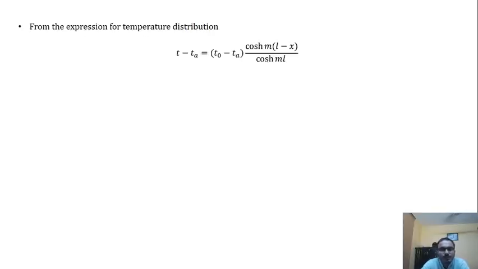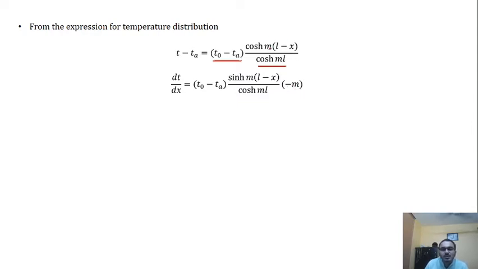First of all, from the temperature distribution, this is the formula which is being achieved. To obtain the heat flow rate, first we need to differentiate this equation with respect to x. If you see, this term is constant and this bottom term is constant, so these two will not be differentiated. The differentiation of cos hyperbolic m(L minus x) is sin hyperbolic m(L minus x) into minus m.